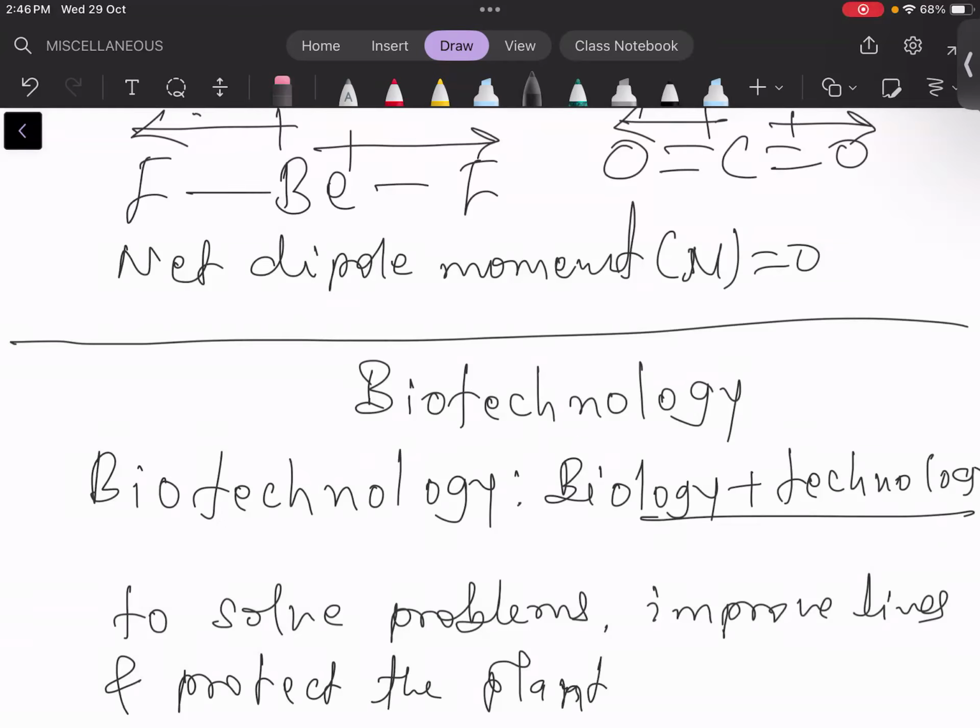So biotechnology is a branch of biology that deals with the use of technology on living organisms to solve problems, improve lives, and protect the planet. Actually, I wrote it the wrong way. Planet means the entire planet. I wrote plant by mistake.